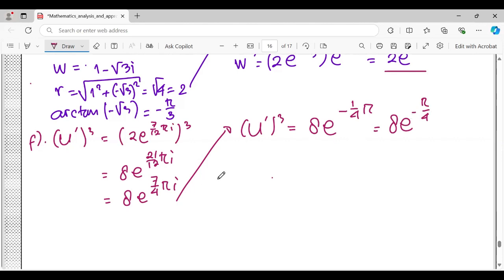So it means Ux n cube would be 8 cosine minus pi over 4 plus I sine minus pi over 4.